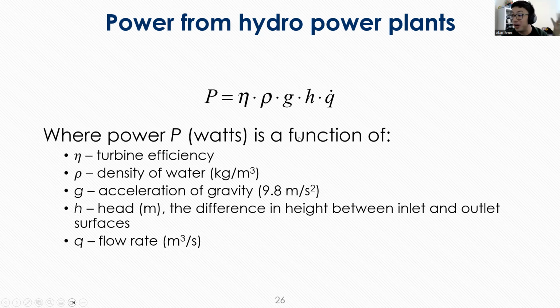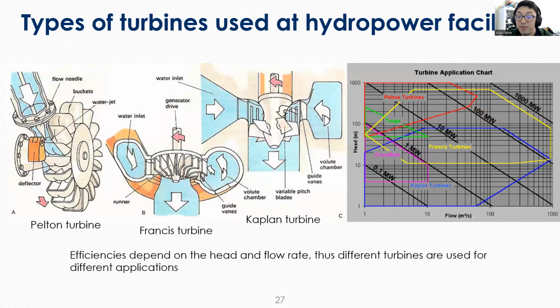And we don't capture 100% of the energy, which is why we have this term here, the turbine efficiency. For hydro turbines, there are different types of turbines. We're not a mechanical engineering class, so we're not going to get into the details here.